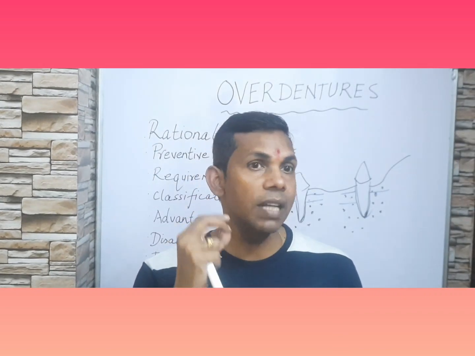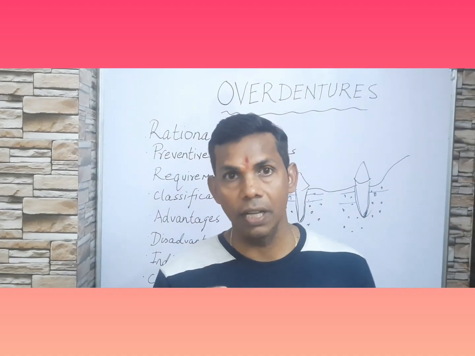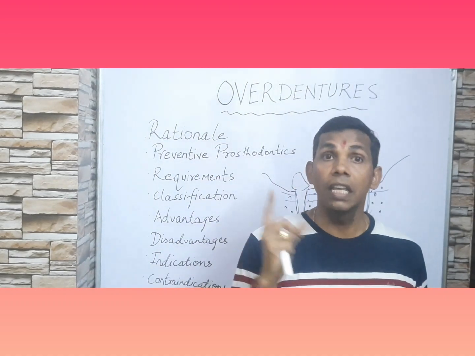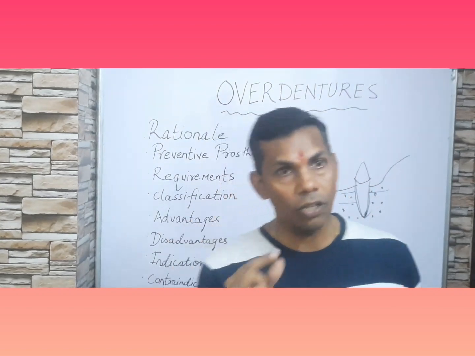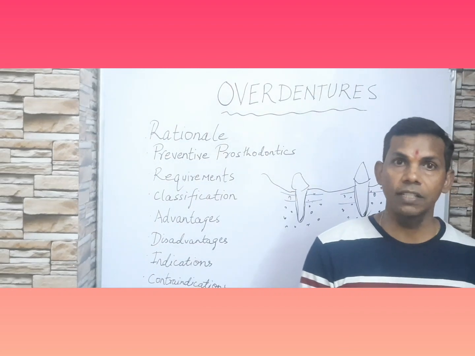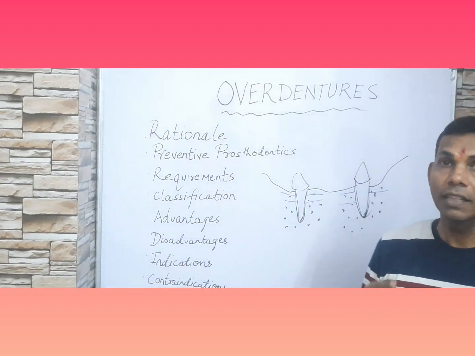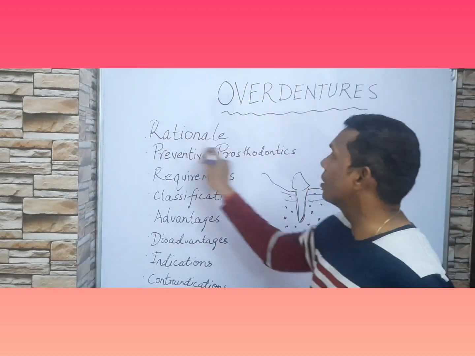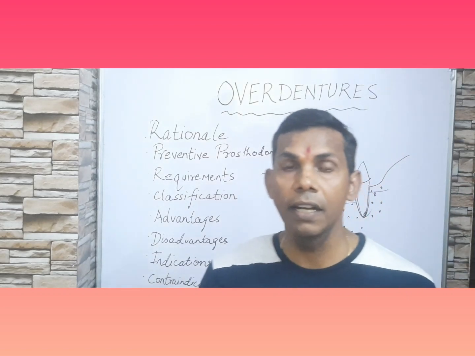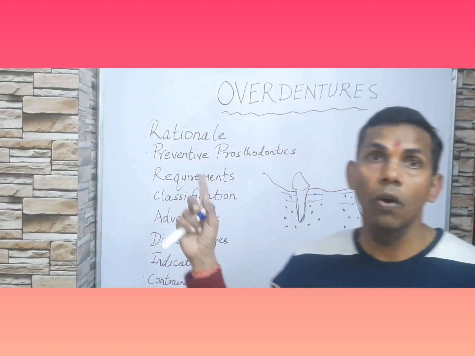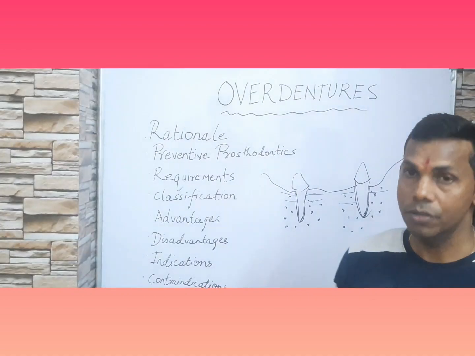So anything which comes in between the teeth, if the patient is wearing a conventional denture and the patient is wearing an overdenture, he will be in a better position to detect the thickness of the food in case of an overdenture in comparison to conventional dentures. So this is the concept where you have preventive prosthodontics coming into the picture, where the rationale behind preventive prosthodontics and overdenture is a concept which you can relate to preventive prosthodontics.